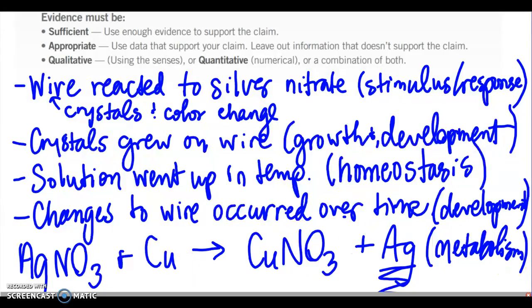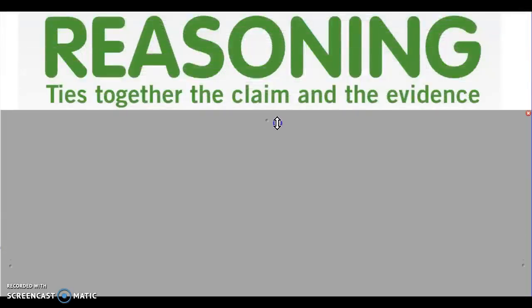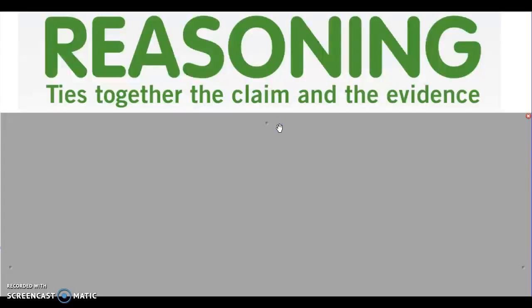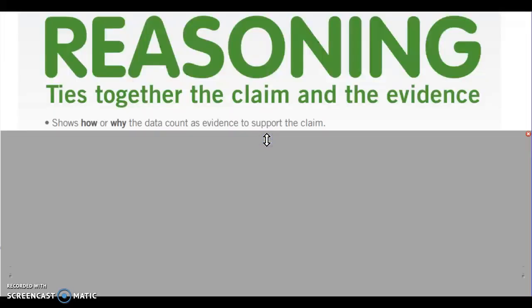All right. So the last thing that we do in the CER method is called reasoning. Reasoning is what helps to tie together and pull everything together that you just did. So it ties together the claim and the evidence. Some key things to remember about reasoning: it shows how or why the data counts as evidence to support the claim.